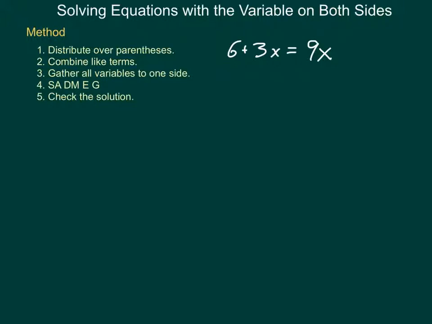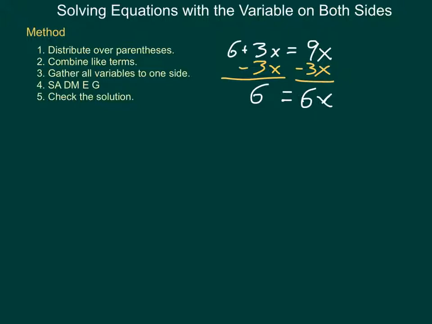So we're going to move everything over to this side, meaning I have a 3x here that I need to get rid of. Since it's a positive 3x, the best way is to subtract 3x from each side of my equal sign. On the left-hand side, that leaves me with just 6. On the right-hand side, 9x minus 3x is simply 6x.